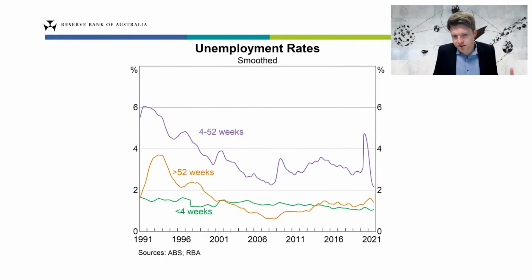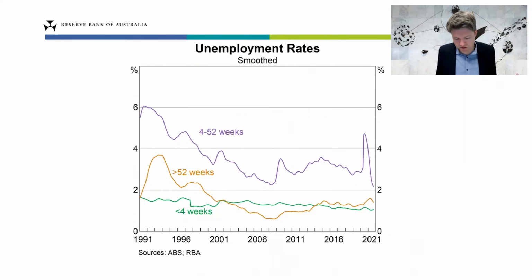But you also need to think about structural unemployment. And again, the ABS doesn't really produce a measure of structural unemployment. But when you think about the structurally unemployed and who they are, it's basically people who can't find any kind of job at the current market wage.